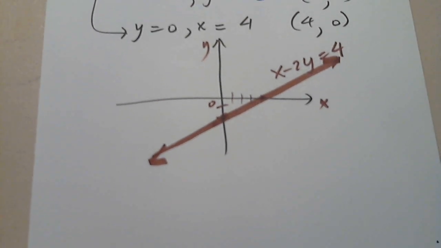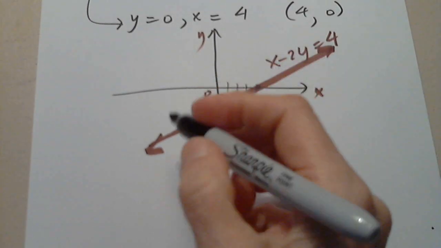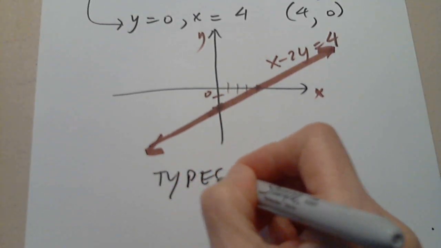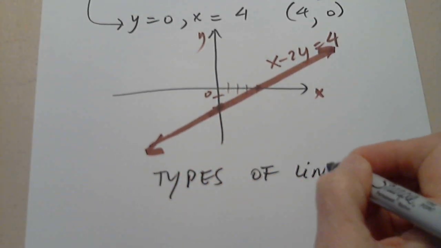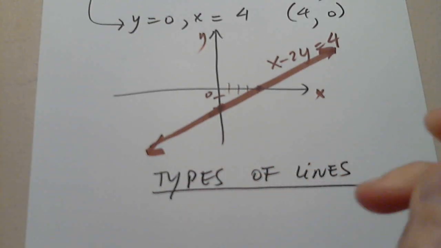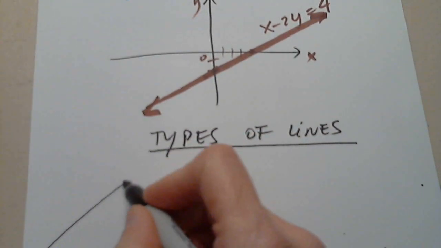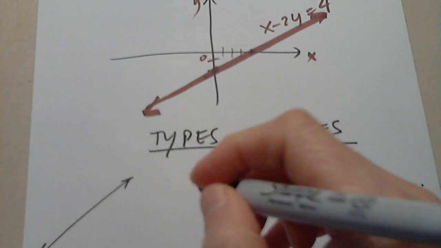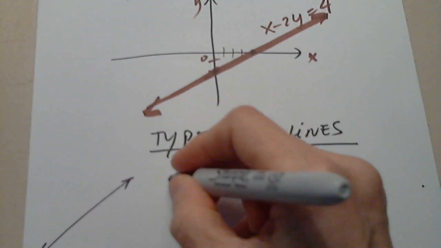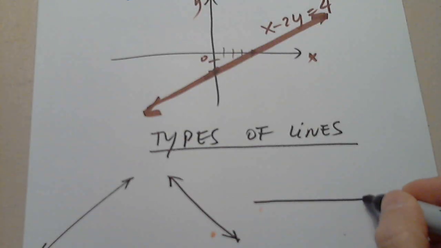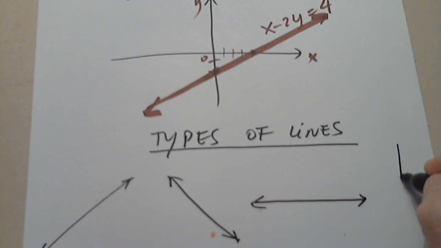Okay, here is the next step, types of lines. We basically have 4. This is one, this is the other, this is the third, and this is the fourth.